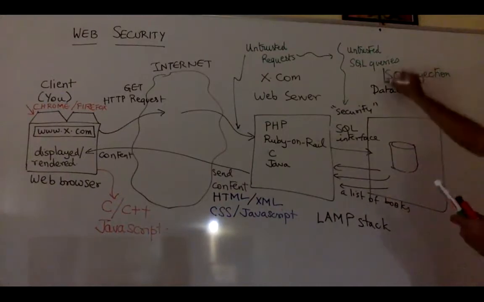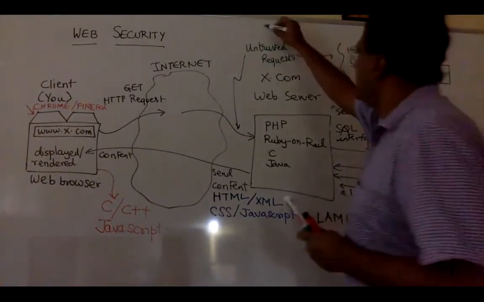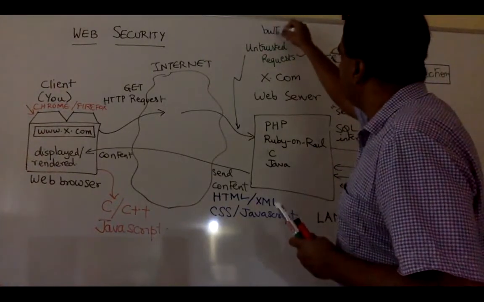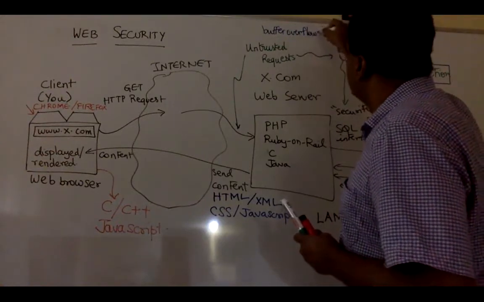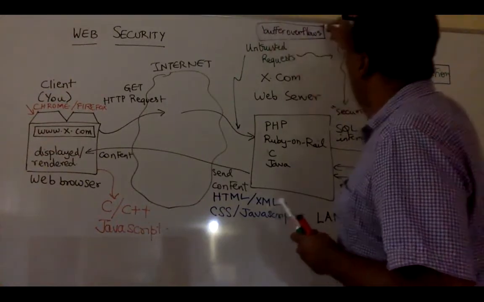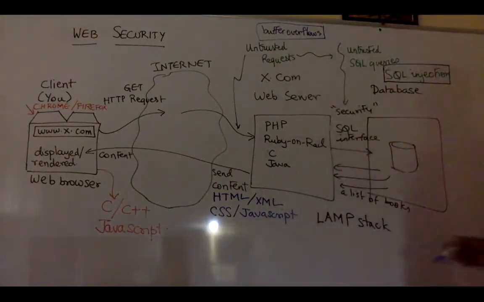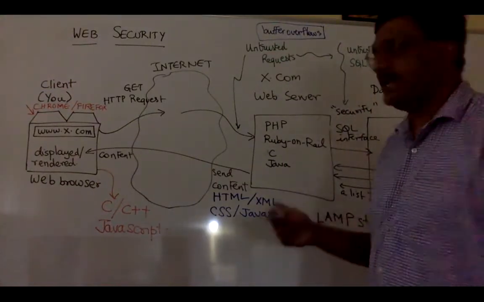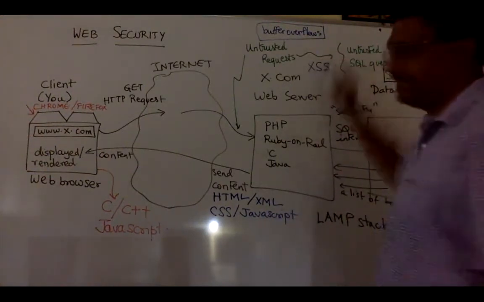So let me put all of the attacks in blue. We've got that over there. So you can have things like buffer overflows and so on, if your web server is written in a low-level language, but also there are certain other kinds of attacks that work with unsanitized input, and these are called cross-site scripting or XSS.